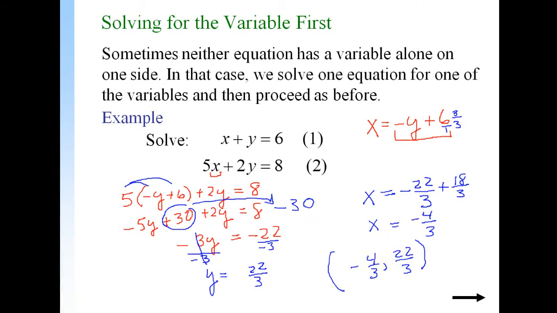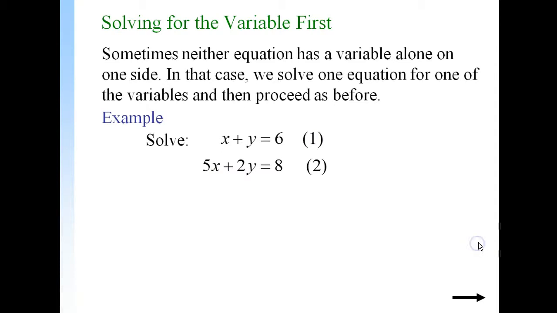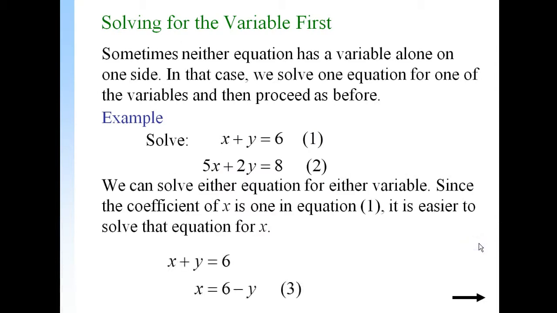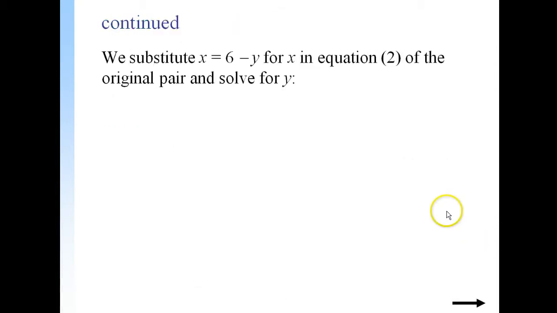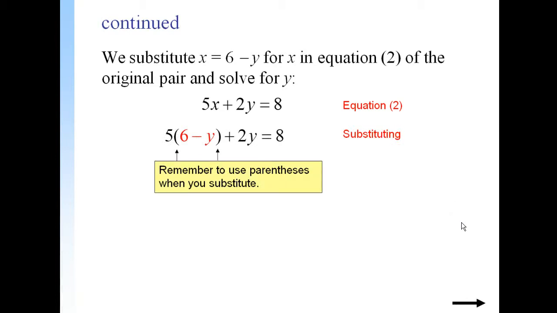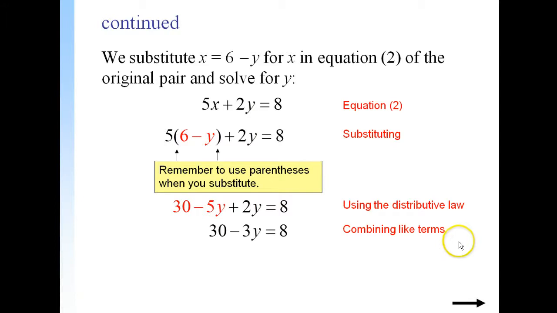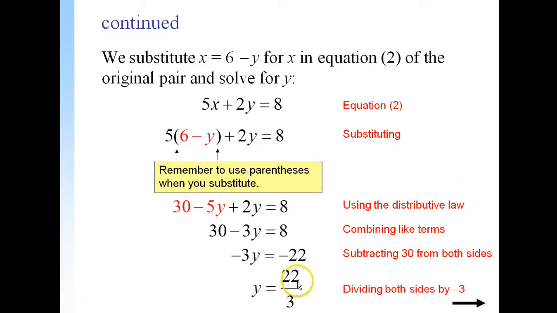All right, now let's take a look at it here. And good, they choose the same one we did. We substituted, we got that, we got all that, we got that, and there's our fraction.